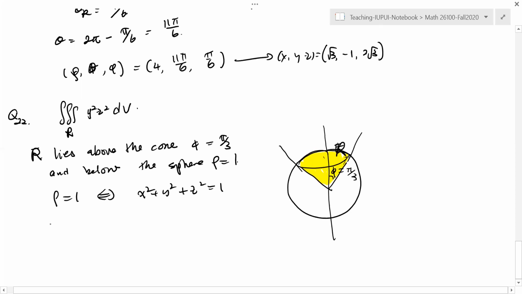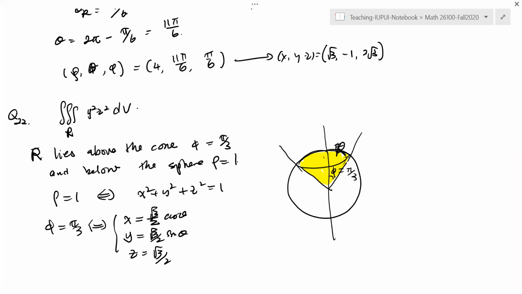For phi equals pi over 3, x equals rho sine phi cosine theta, where sine phi is square root of 3 over 2, y equals rho sine phi sine theta, and z equals rho cosine phi. Here rho is not fixed, so this is the general formula, and cosine phi is 1/2.